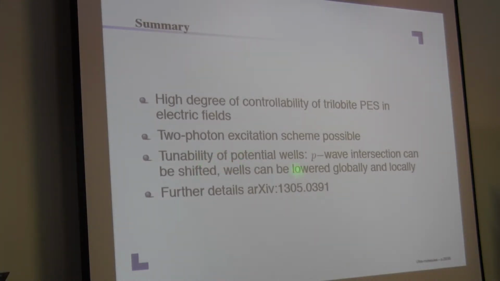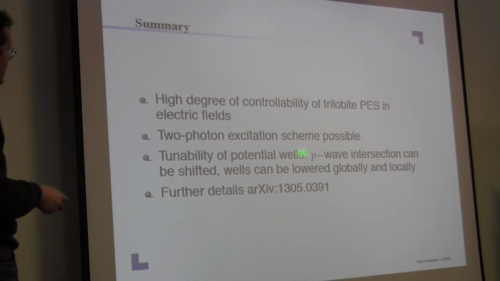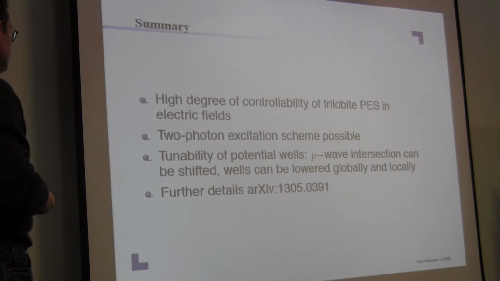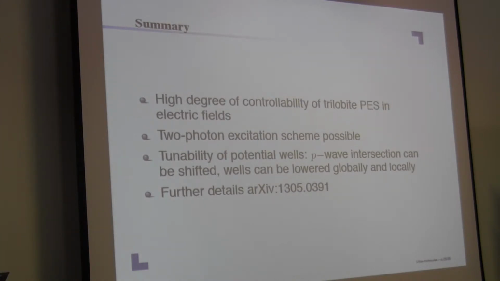And then you can finally also have this P-wave intersection removal, so you shift the global minimum to larger distances and deeper wells. Okay, so that was the first part.